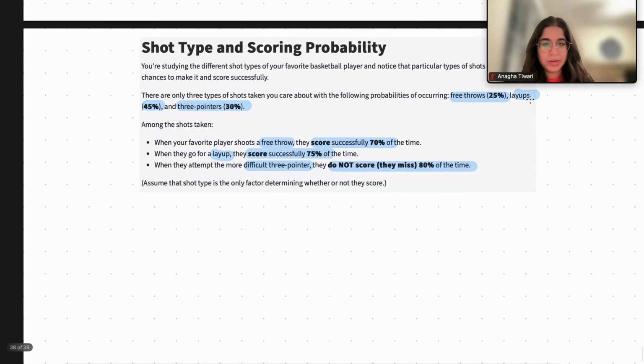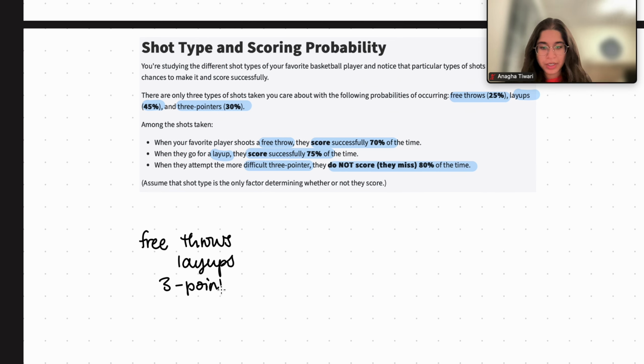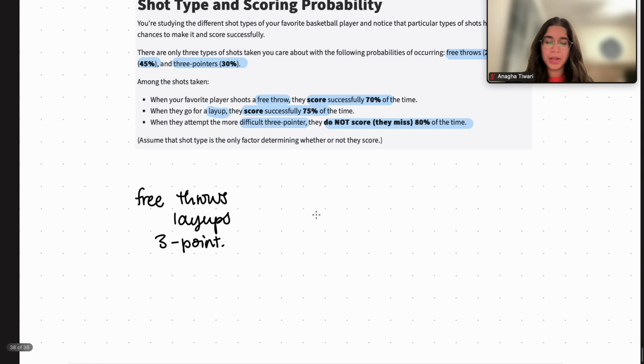So here you have three different types of shots: free throws, layups, and three-pointers. For each type of shot, there's going to be a probability of success and a probability of failure.